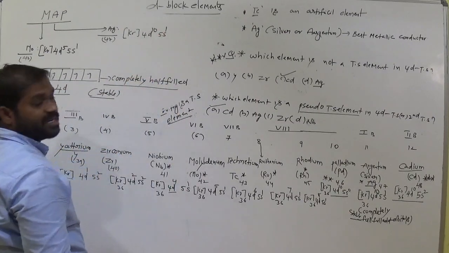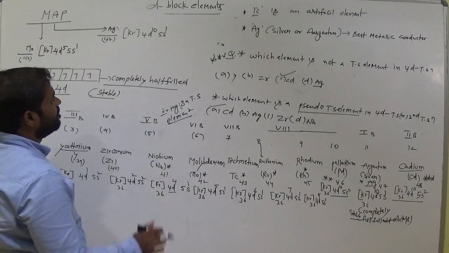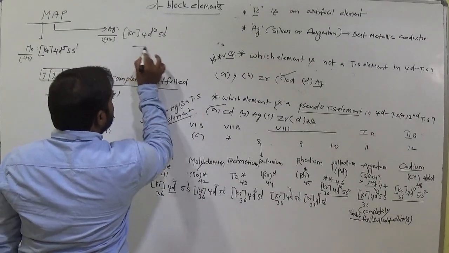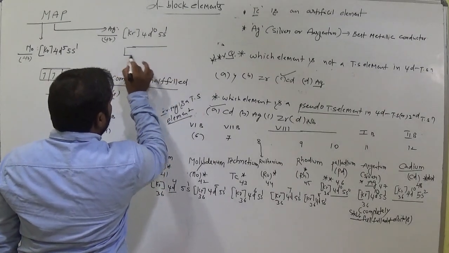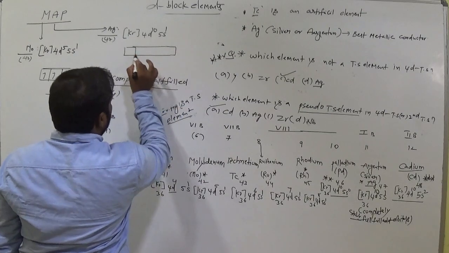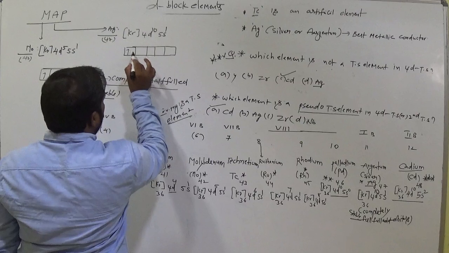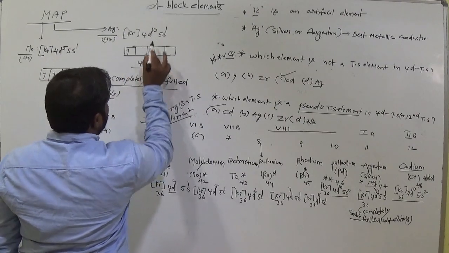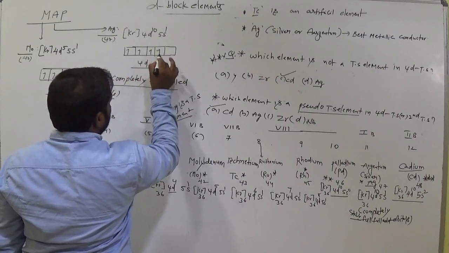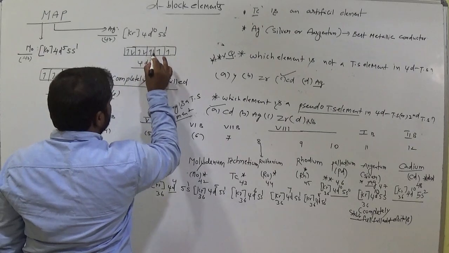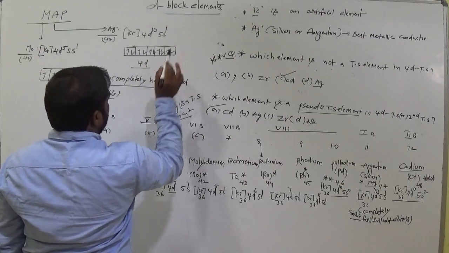Am I right? 4d10, 5s1. In 4d, 10 electrons are there: 1, 2, 3, 4, 5, 6, 7, 8, 9, 10.